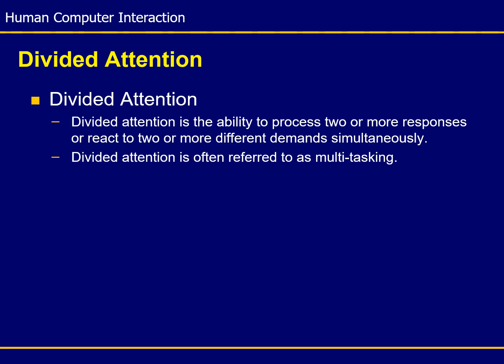Now, with divided attention, you will process both input streams, the textbook that you're reading using your eyes, and the YouTube channel using your ears. You will track the sound or what's happening in the movie or the program that you're watching on YouTube at the same time. This is called divided attention.